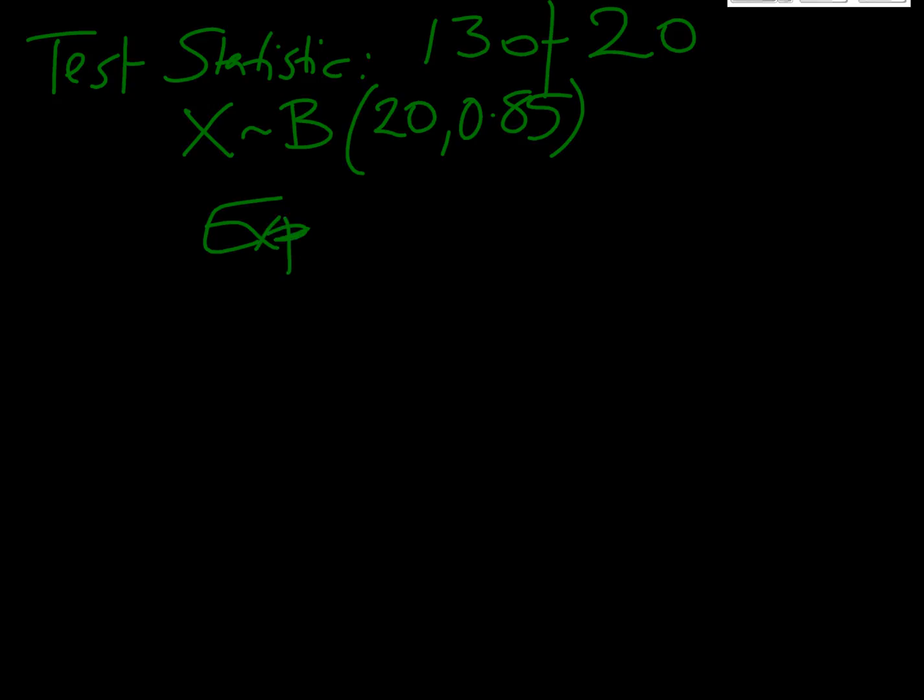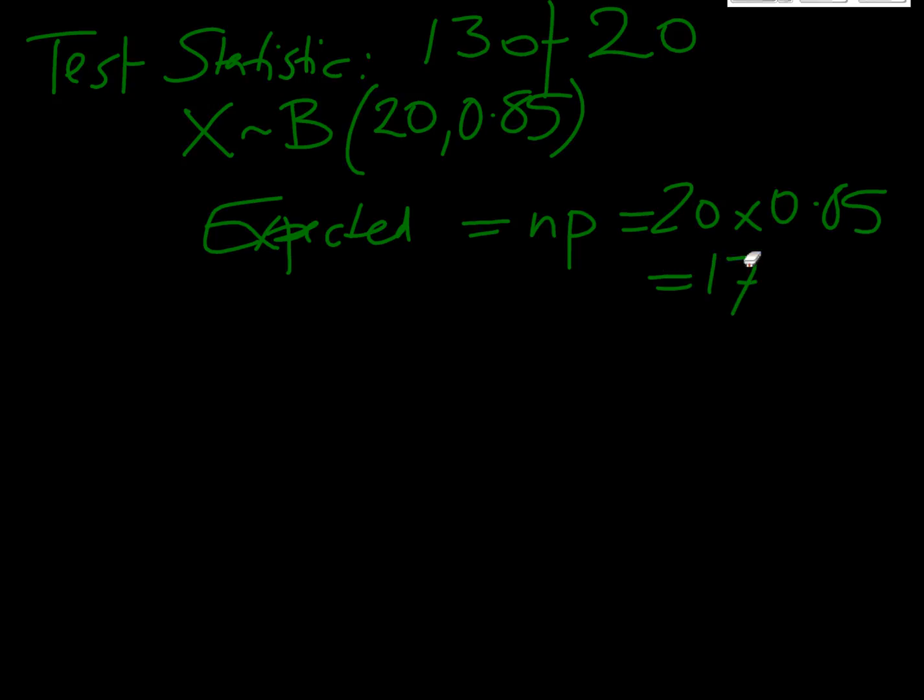Our expected value for that binomial is np, which is 20 times 0.85, which equals 17. So we're expecting 17 to germinate. We actually only had 13 germinate, and therefore we're interested in 13 or less. We want to be more extreme. We need to be further away from 17.